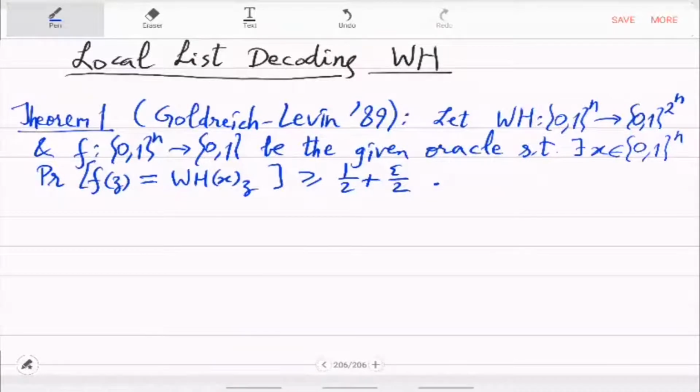They match just above half. On more than 50% locations, Walsh-Hadamard of x is f. So that is what the setting is.